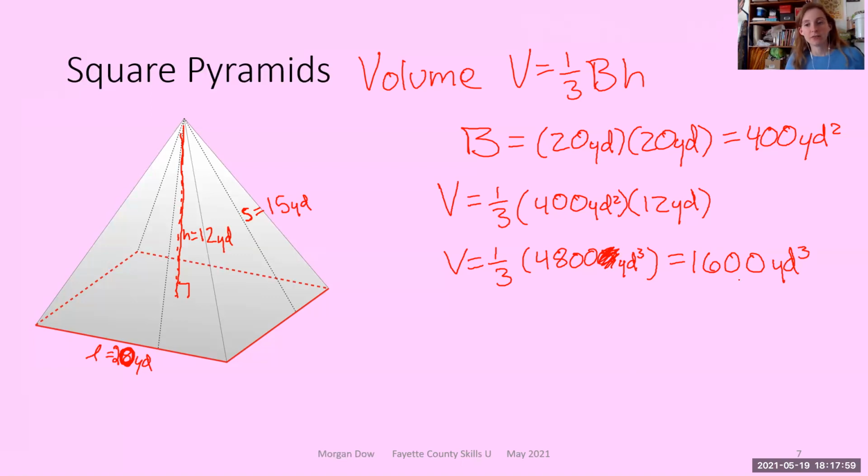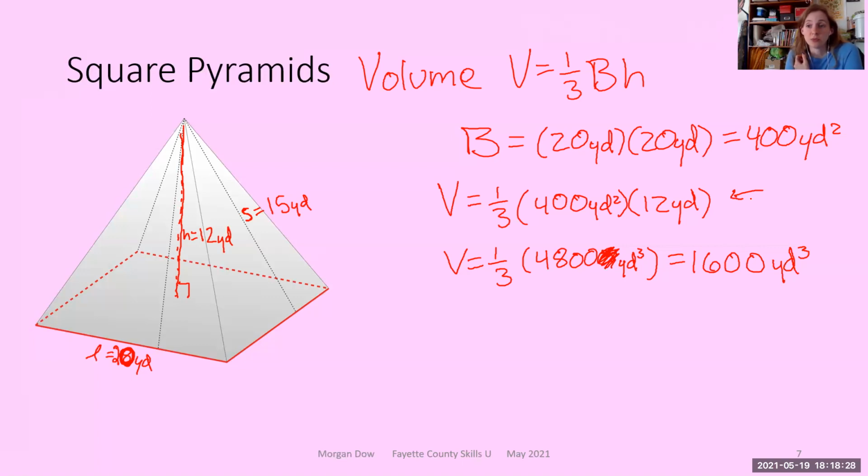Now, if we go back to where we were right here, this is actually a multiplication, right? We're saying a third times 400 times 12. So you can actually do that multiplication in whatever order is convenient to you. The order of multiplication doesn't matter. So we just did 400 times 12 first. But if you wanted to, you could do a third times 12 first.